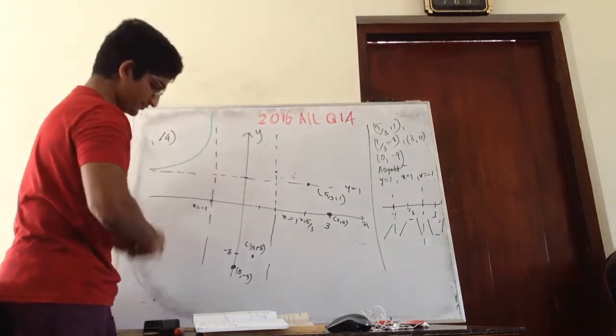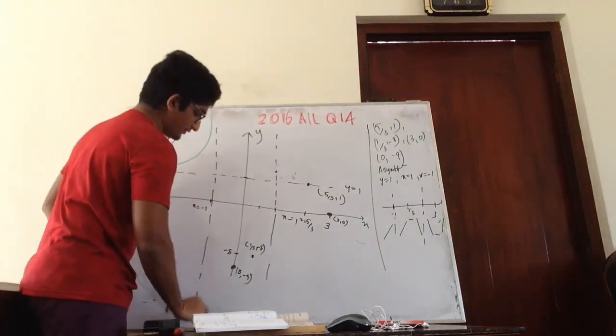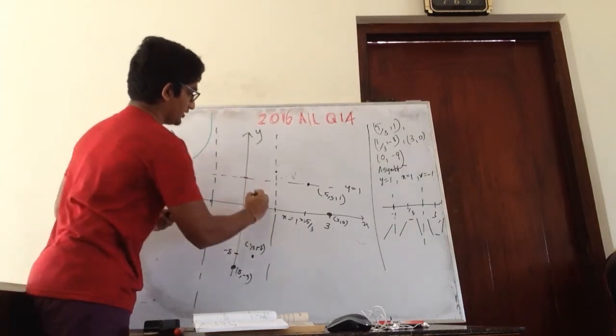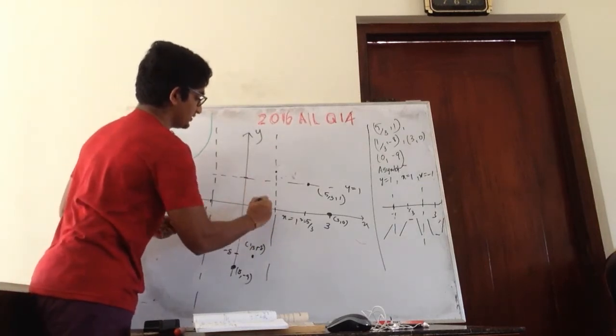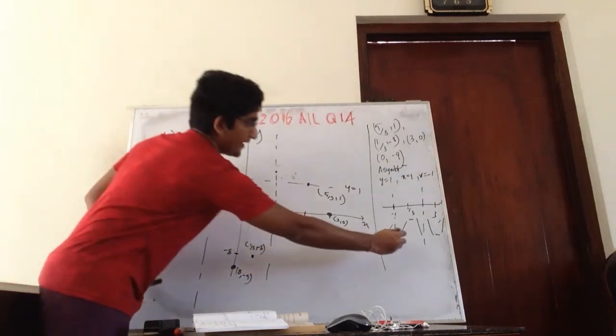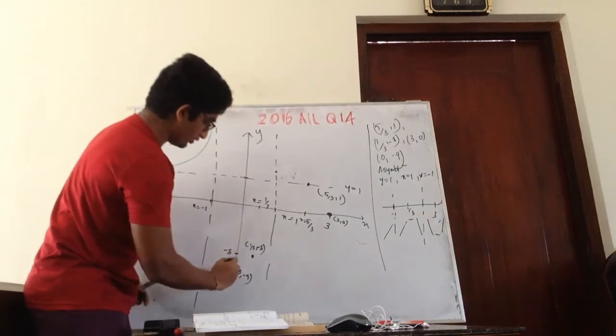So if I draw this down, x equals 1 over 3 is here. Here is going to be a maximum point, and the curve is going to be like this. So it goes through this.